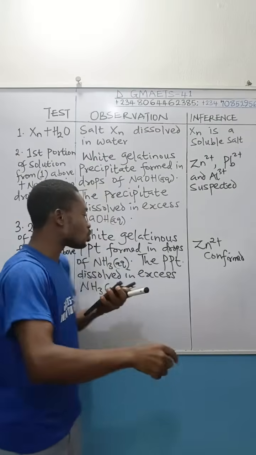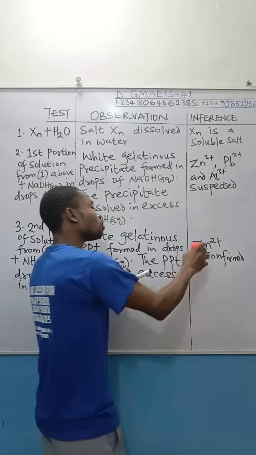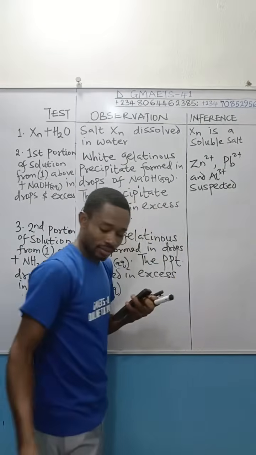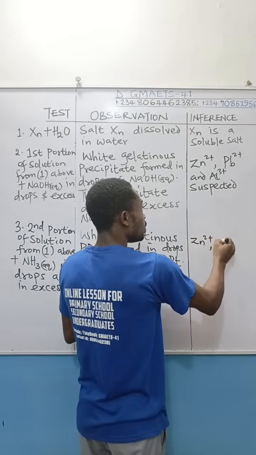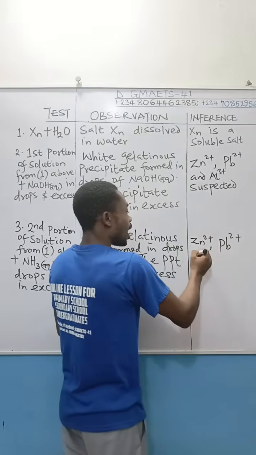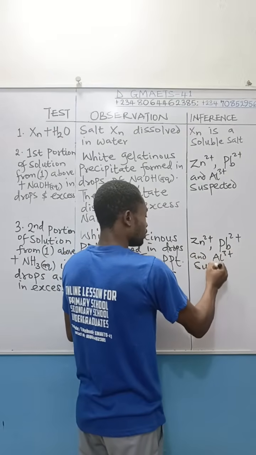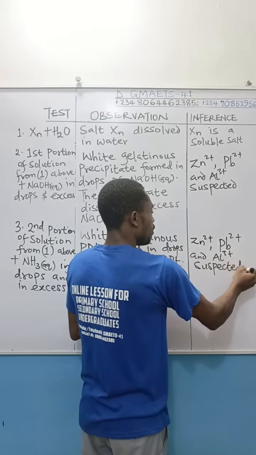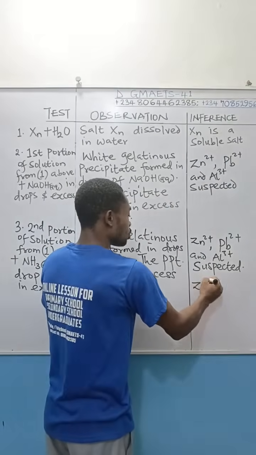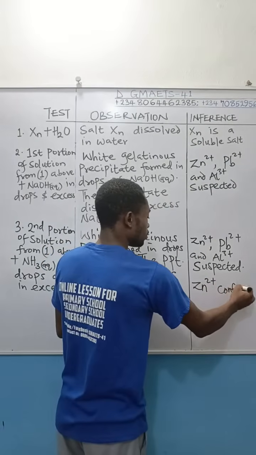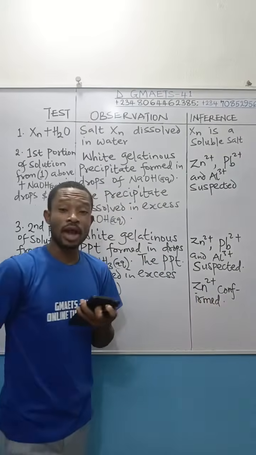For the fact that you saw white gelatinous precipitate in drops, before you could conclude that this is zinc, you can write zinc 2 plus, lead 2 plus, and aluminium 3 plus suspected. Put a full stop there. Then below you proceed and write zinc 2 ion confirmed. That is zinc ion confirmed.